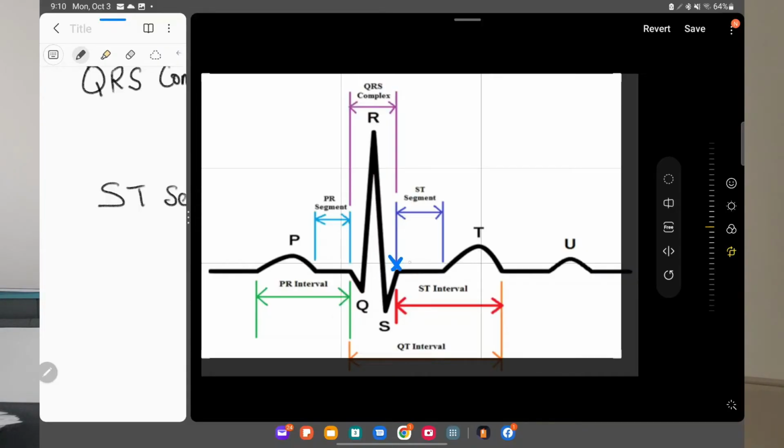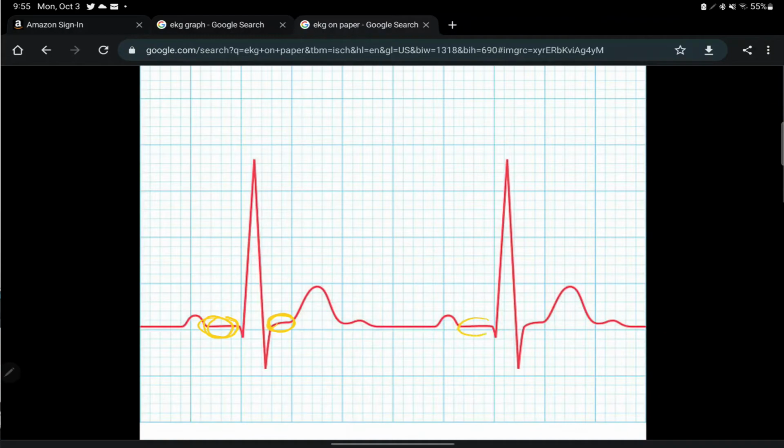So the PR segment is a yardstick to know whether the ST segment is depressing or elevating. The PR segment, that is the isometric line before the QRS complex, and the isometric line after the QRS complex, that is the ST segment, must equalize, must be at the same level.